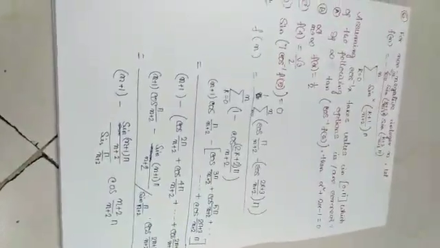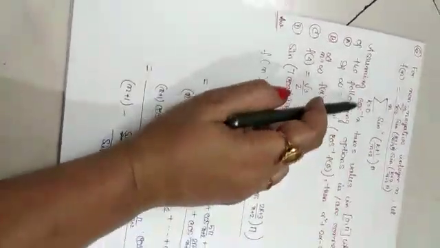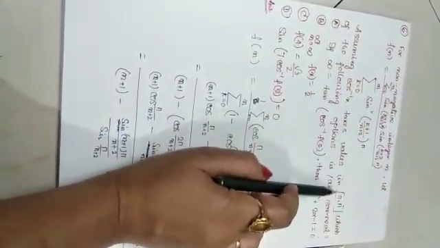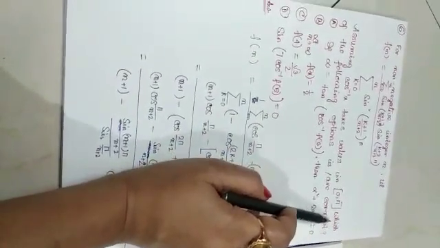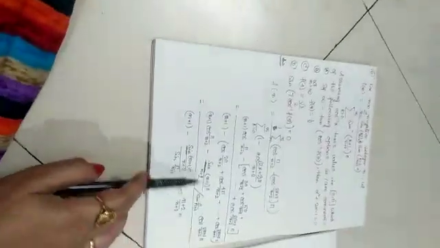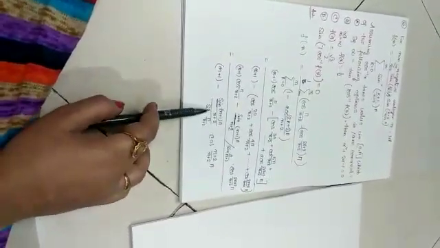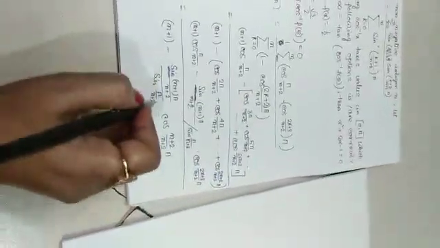Now next, as cos inverse takes the value in the interval 0 to pi, we shall omit this and this one.